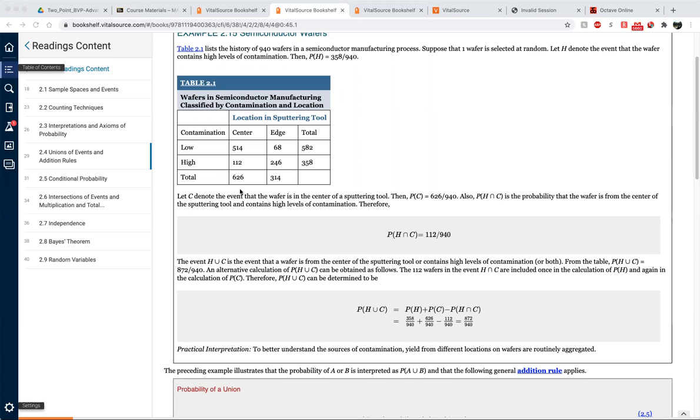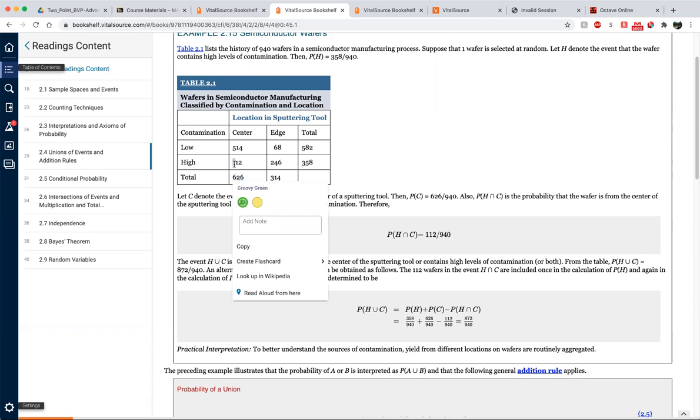No. I told you last time when I covered 2.2: 358 only counts this many wafers, and 626 also contains this many wafers, 112. So adding the two numbers 358 plus 626 means that we added 112 twice.